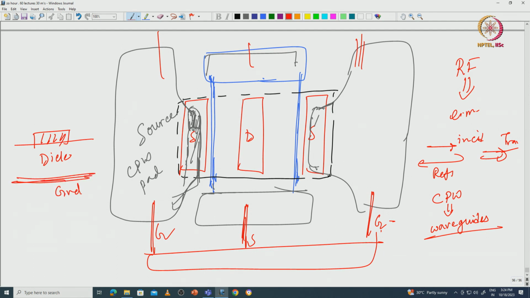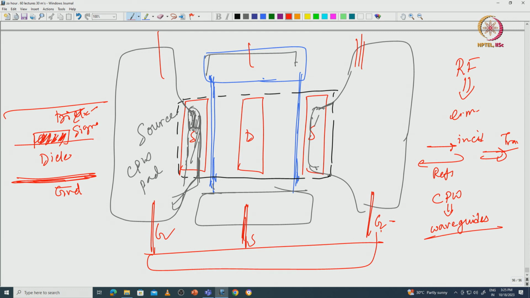This is one type. There could be a dielectric, there is a metal, and then there is a dielectric above also. This is a metal here, signal, there is dielectric above, dielectric below, and then the bottom is ground. So, there are different definitions, one of them is called strip line, one of them is called microstrip, they are different things, but coplanar waveguide is what is used in transistors because it has this ground signal ground. It is a type of waveguide.